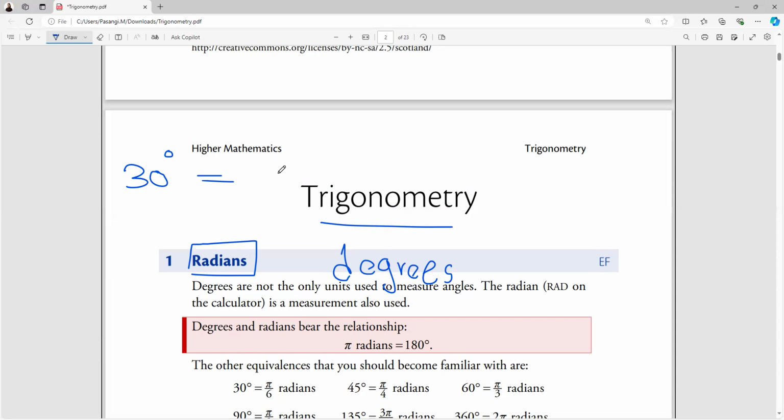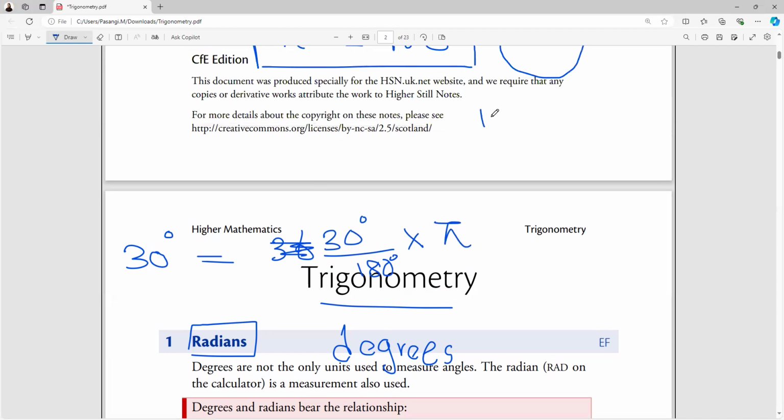What we have to do is divide 30 by 180 and then multiply by π, because the relationship we had was 180 degrees equals π radians.